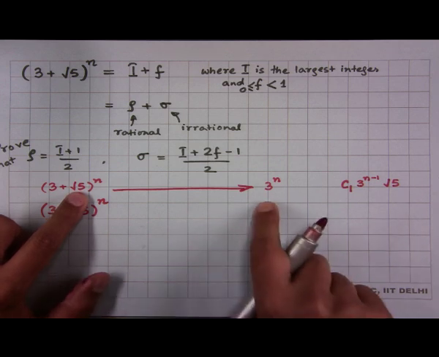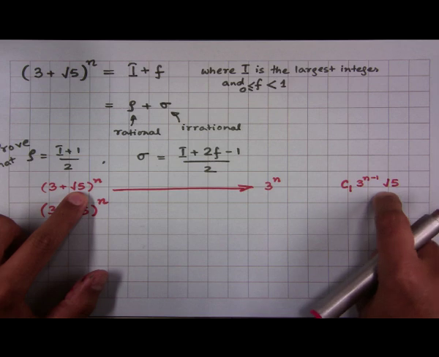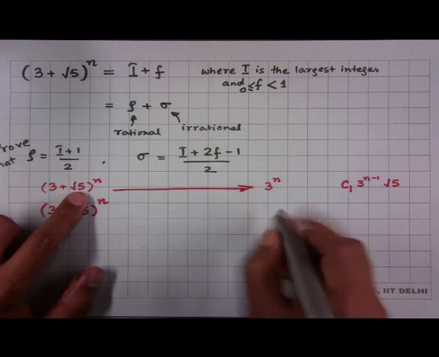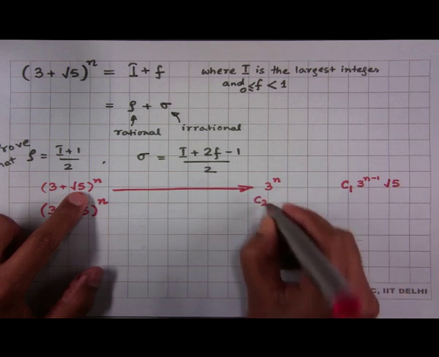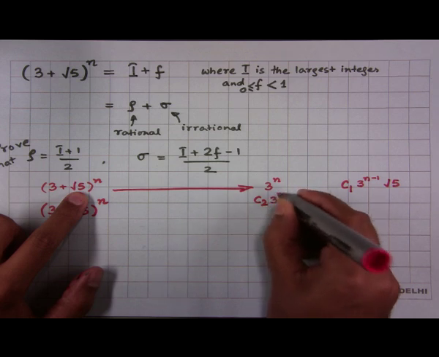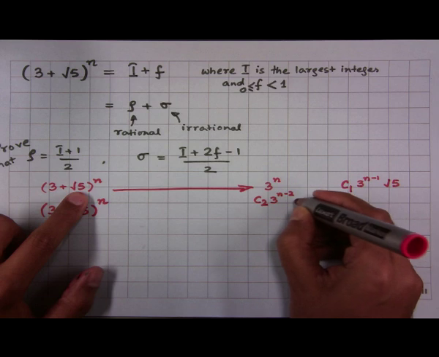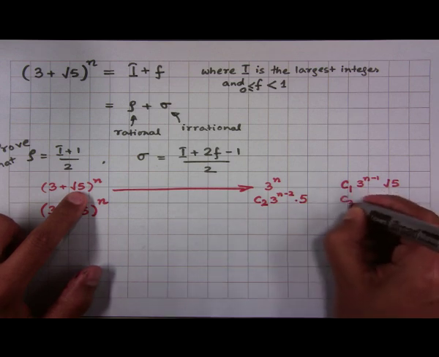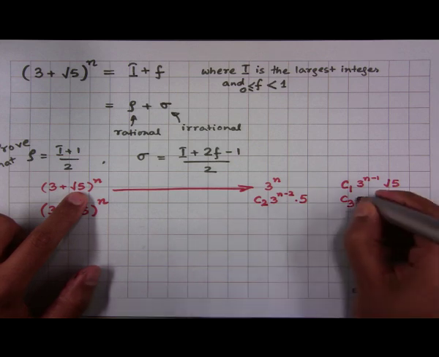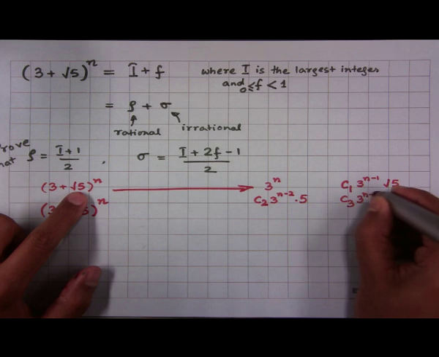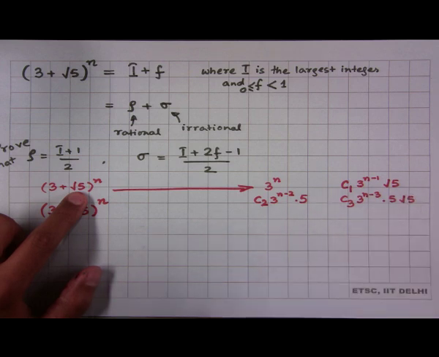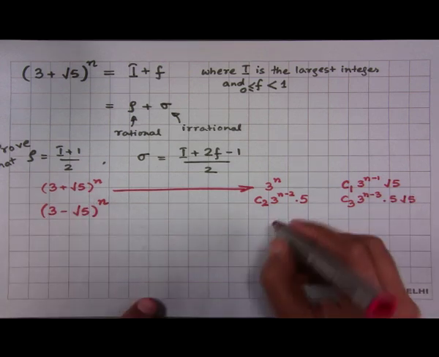So, I am showing the rational part, irrational part, plus C2 times 3 power n minus 2 times root 5 squared, which is 5, plus C3 times 3 power n minus 3 times 5 root 5, and so on and so forth.